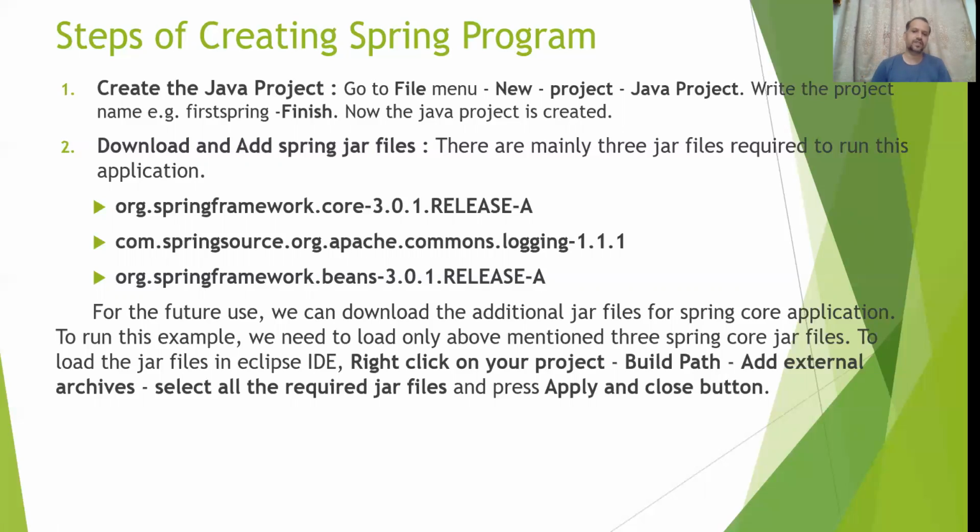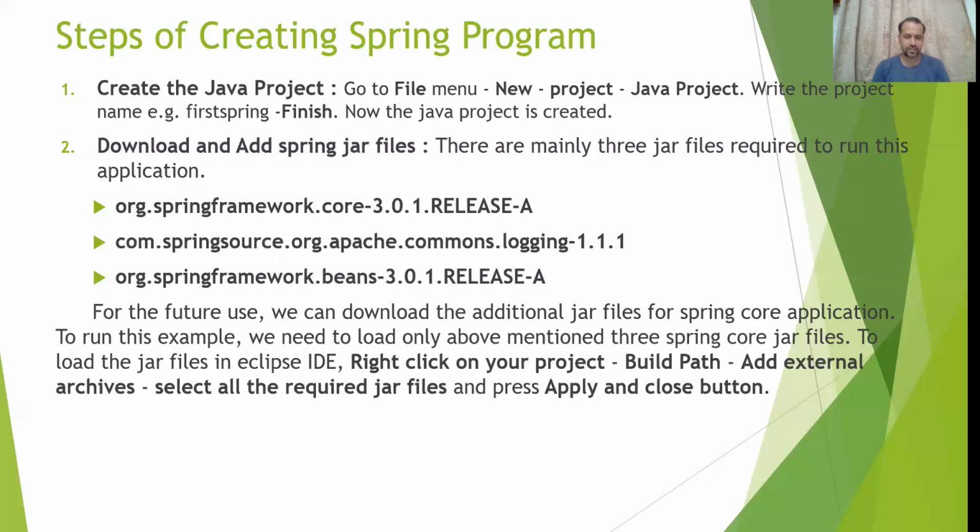Suppose we want to work with a web application, and we want to work with context and other things. So we have to download more files, which are also available on the net, on the Spring website. Now, what we have to do?